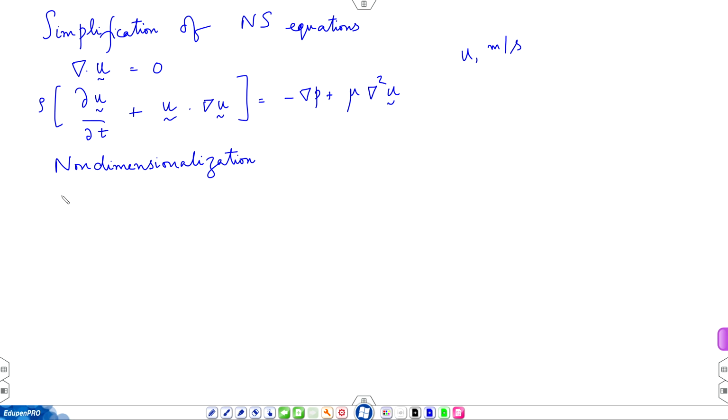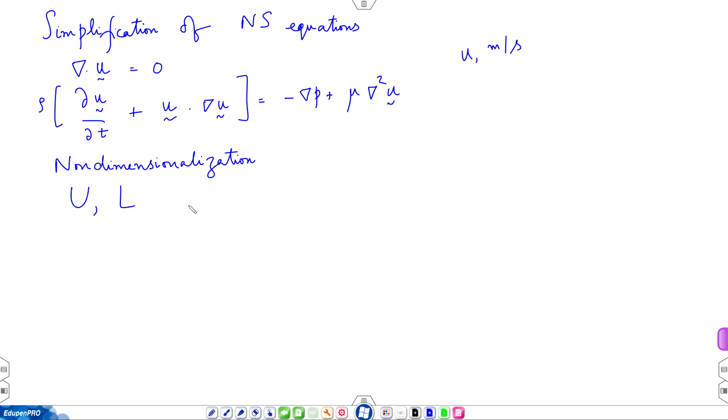So, let us introduce scales. Most of the time you have some idea of the velocity, some idea of the length scale. If you are studying flow through a tube, then you know diameter is a very important quantity, that is a length scale. If you have flow over a cylinder like a chimney, again you know it is the diameter of the chimney that plays an important role.